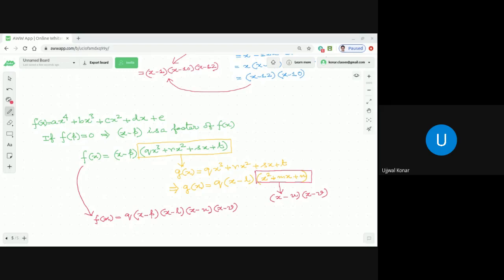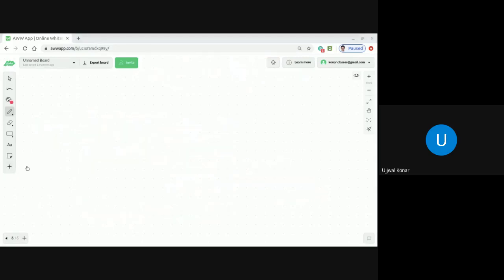Now, as an example, we can solve this particular problem: x cube plus 13x square plus 32x plus 20. I give this as an exercise to you. Could you please solve it and send me your solution?